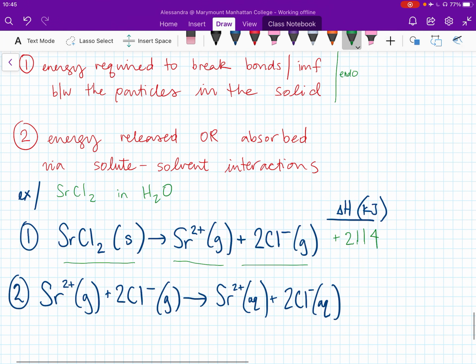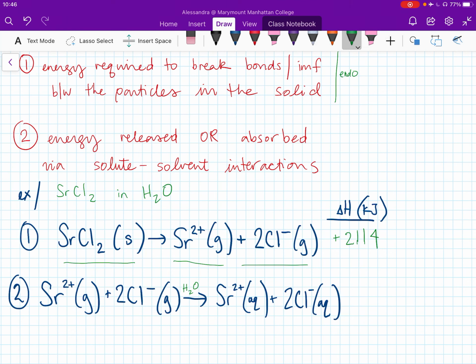Now, the second factor is how much energy is released or absorbed via solute-solvent interactions. Here we want to think about what happens when we take those gaseous ions and hydrate them. That looks at how much energy is released or absorbed when the water molecules start complexing those ions, the strontium and chloride ions.